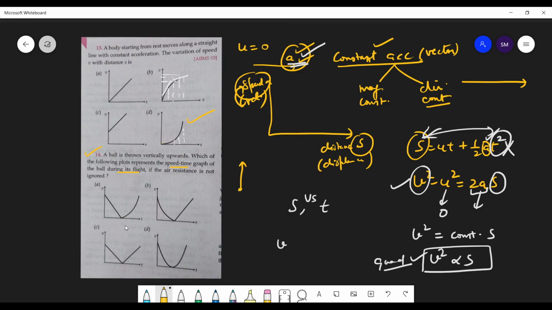Sir, D. First of all, speed decreases. So in all of them, the speed is decreasing. Yes. But will it decrease linearly? Or how will it decrease as you go up?